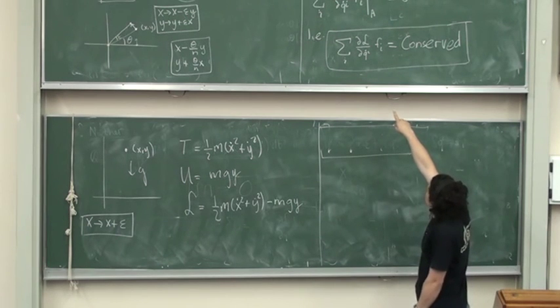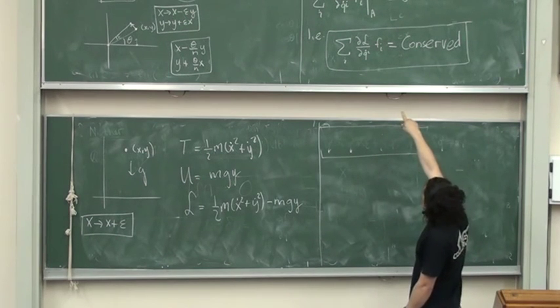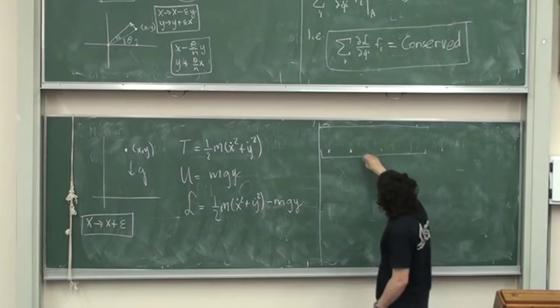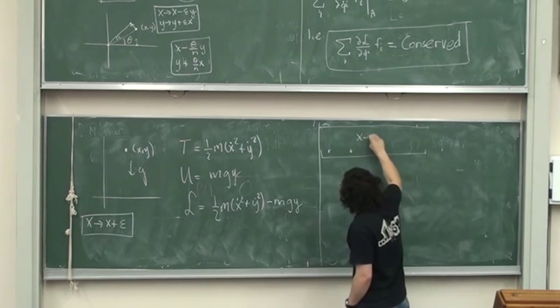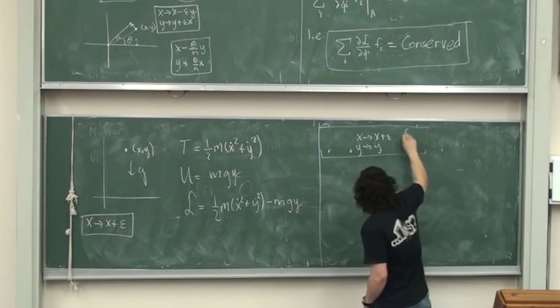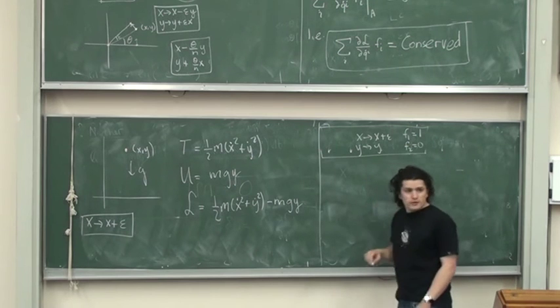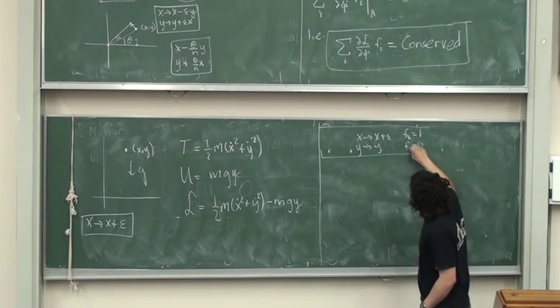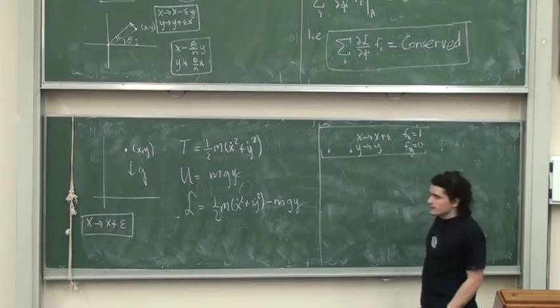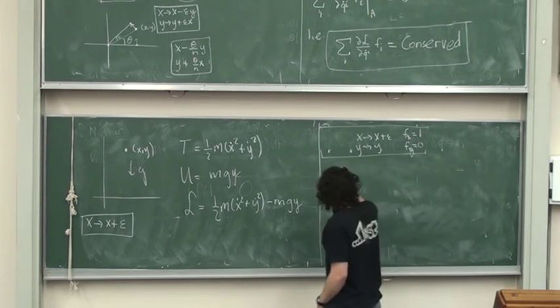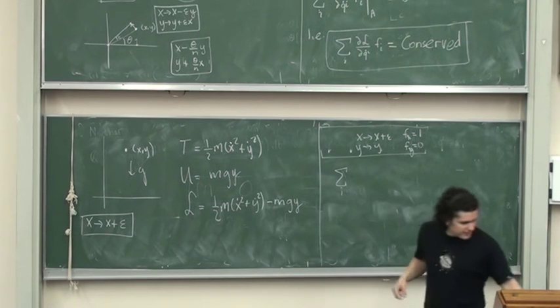Well, we have to do this. Sum over i of ∂L/∂qi dot times Fi. Well, what is Fi? We have x going to x plus epsilon and y going to y. F1 is 1 and F2 is 0. Right? Or Fx is 1 and Fy is 0, if you like. So the Noether charge is going to look like sum over i. Well, sum over i is just sum over x and y.